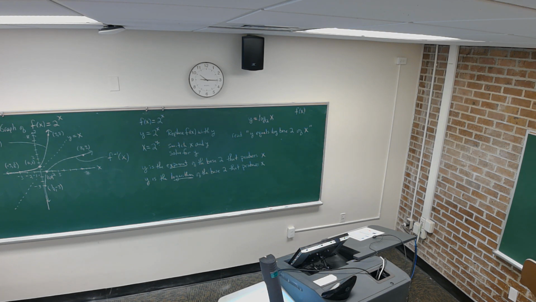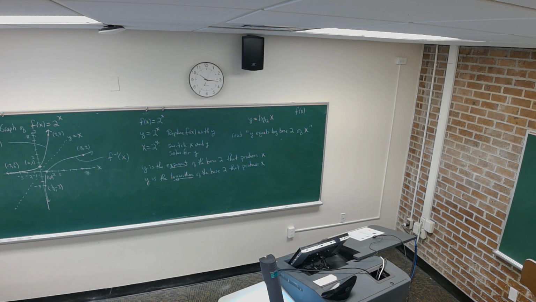All right, so that logarithmic equation, log base 2 of x, and x equals 2 to the y. So this is a logarithmic equation. This is an exponential equation. These two equations are equivalent. What does that mean?